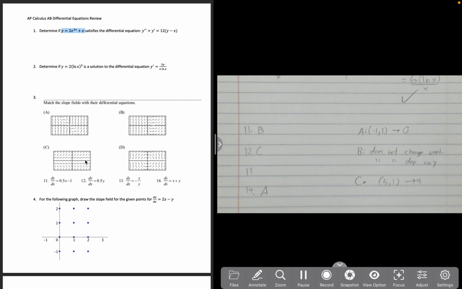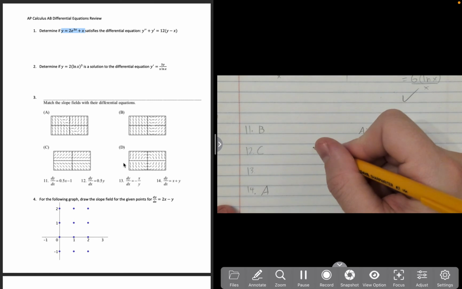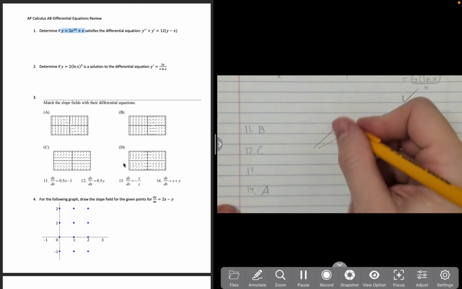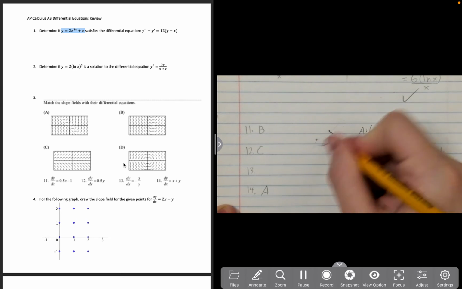Now we know it's a half because we know the right answer, but let's just take a look at what happens here. When I plug 5 in here, that would be 1.5. Now this doesn't look like it's a greater than 1 slope. If this is a perfect diagonal, it looks like it's a little bit underneath it. So it must be less than a perfect diagonal, less than 1. So it can't be 1.5.